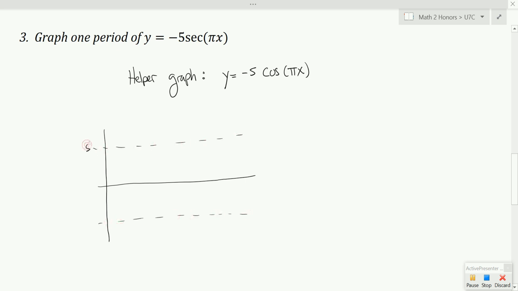So here's 5 for our maximum height, -5 for the min. Divide this into 4 equal sections here. And I'm going for the negative cosine. So negative cosine starts at the minimum on the y-axis and then goes to the x-axis to the max. Kind of get this upside down V shape. And then you draw the curve in there.